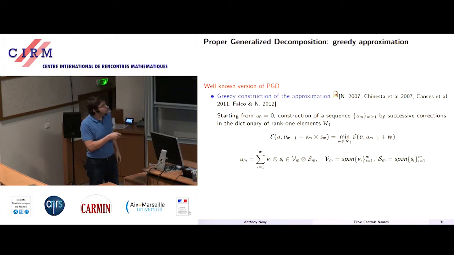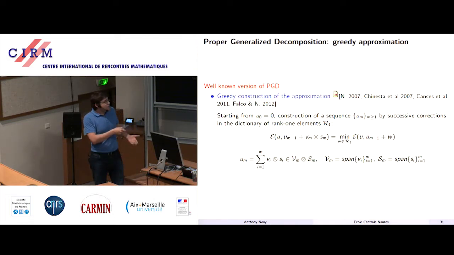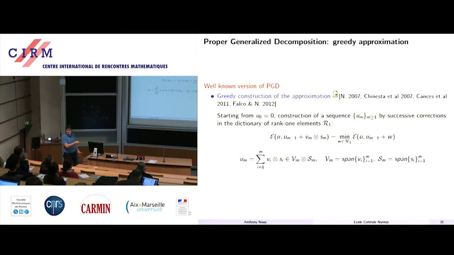Once you have a rank m-1 approximation, you try to find the optimal correction written like this as a tensor product of an element in V times an element in S by minimizing successively this distance you have defined. By construction, you have a notion of decomposition. And by construction, the subspaces you have defined here are nested. But in fact, you see that this construction does not really exploit the tensor structure of your problem.